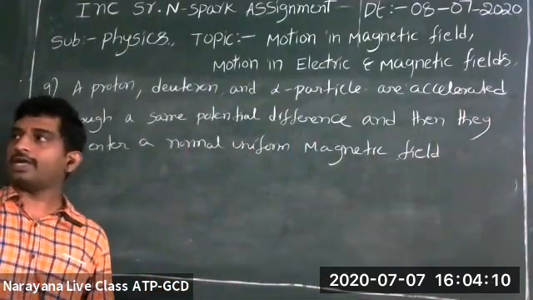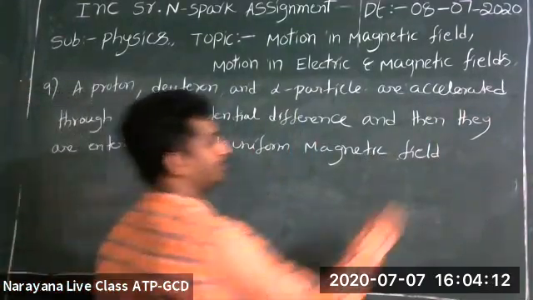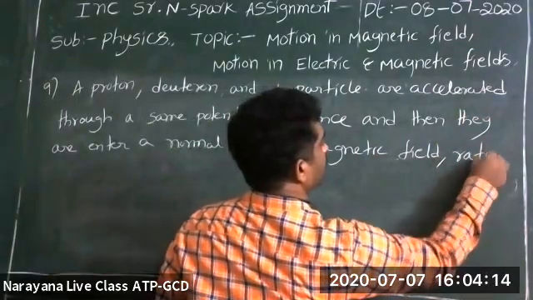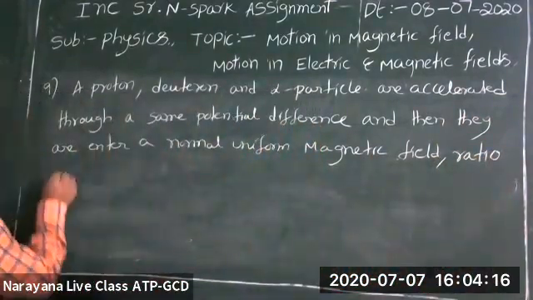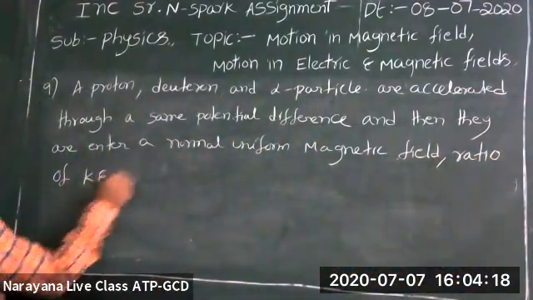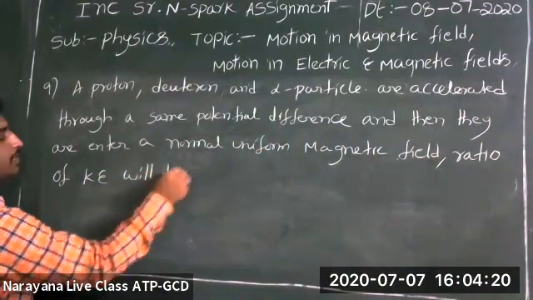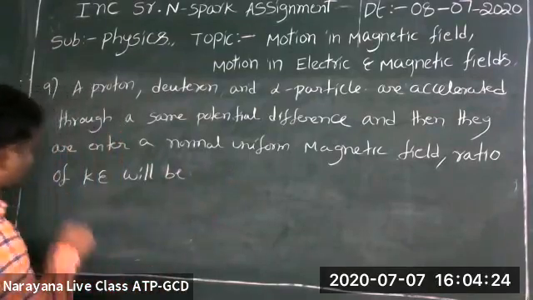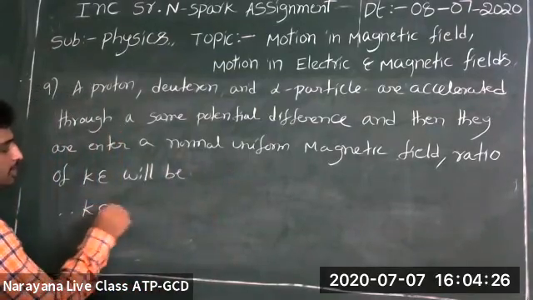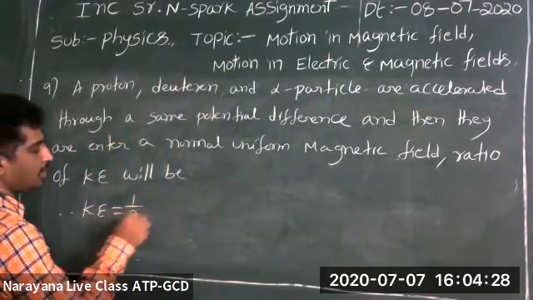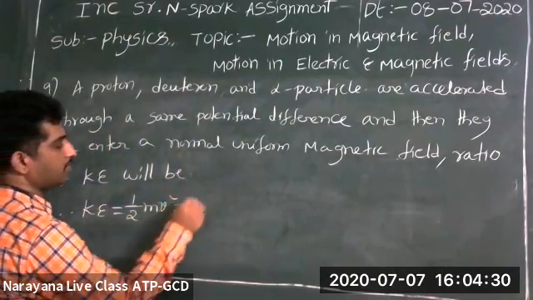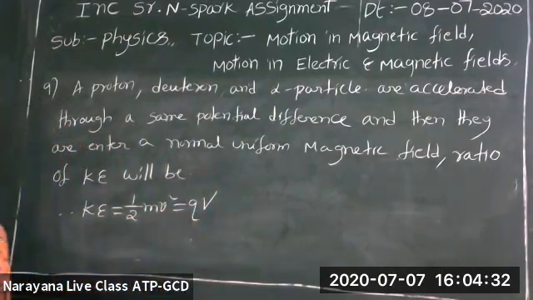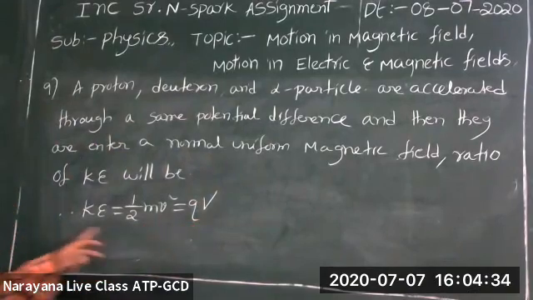The ratio of kinetic energies will be. So here kinetic energy equal to half mv square is equal to q into V. Same potential difference, and kinetic energy ratio.